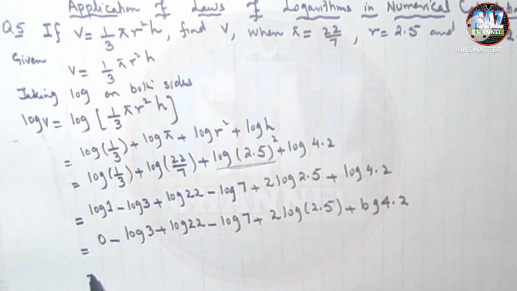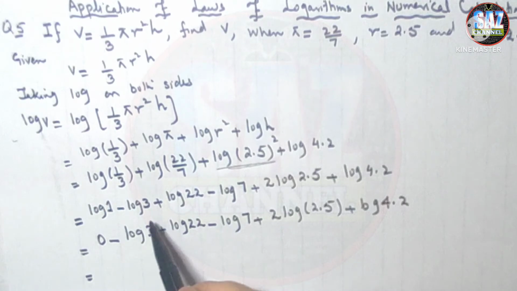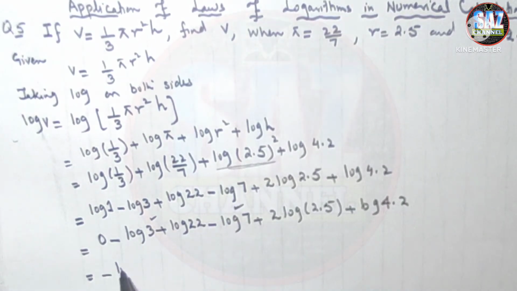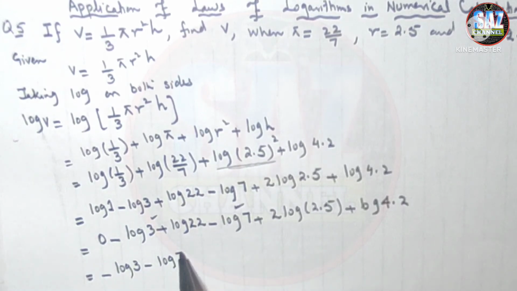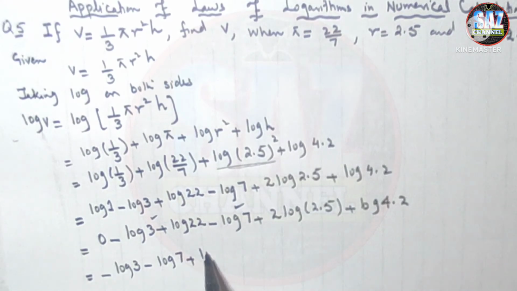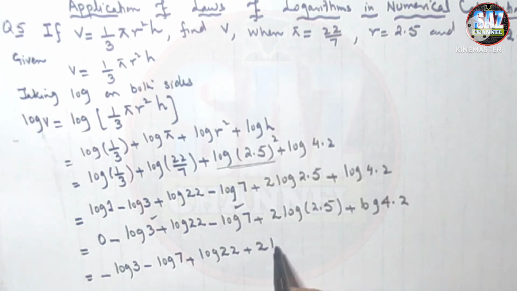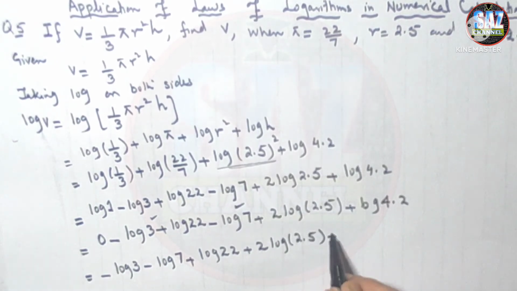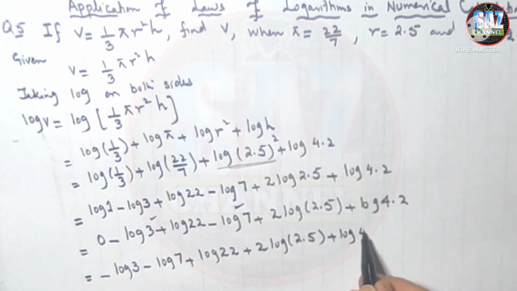and I'm left with 0. I can leave this 0, and I have these two numbers with negative log, so log of 3 minus log of 7, give some symmetry to your working. Log 22 plus 2 log 2.5 plus log 4.2.